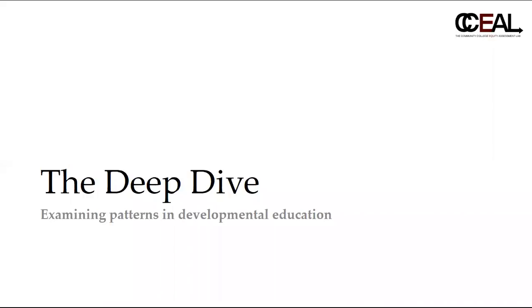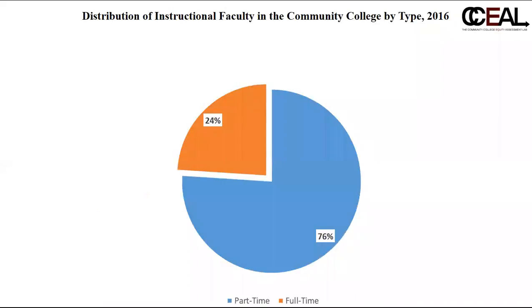So let's start with kind of the 1,000-foot view. We know that in the community college, in terms of faculty across all areas, not just developmental education, 76% of faculty are part-timers and 24% are full-timers. This is national data.